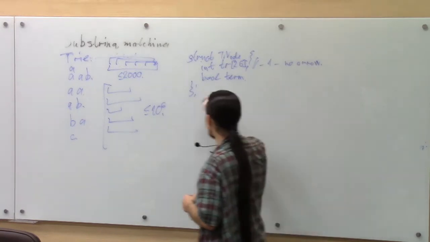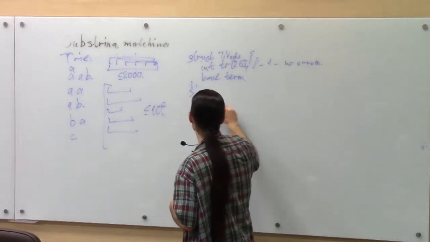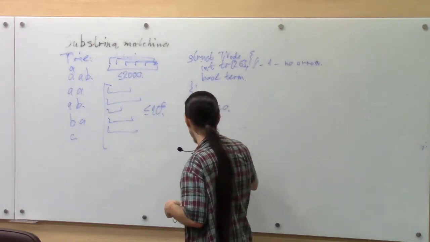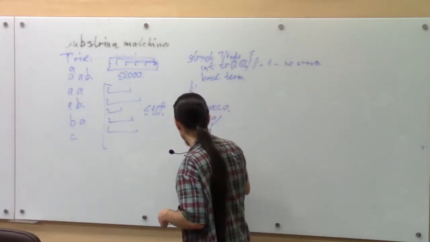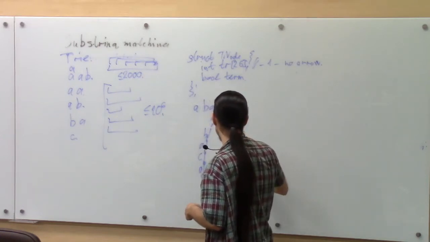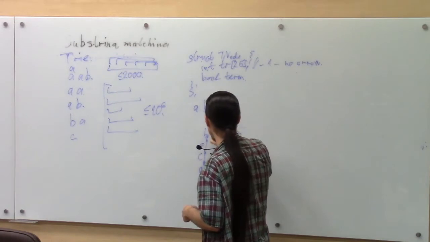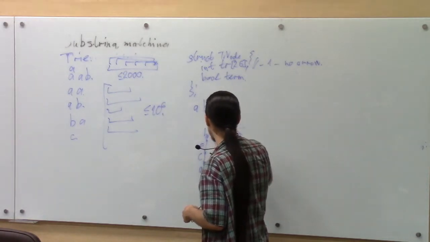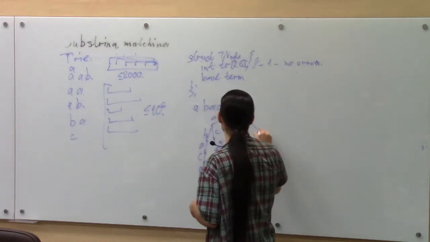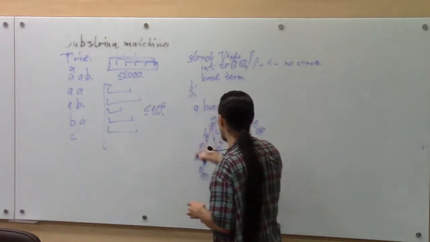Okay? So for example, if the string was A, B, A, C, A, then we are going to add A, B, A, C, A, and okay, this is terminal, then B, A, C, A, and then A, C, A, and this is terminal, so then C, A, this is terminal, and then this is terminal.